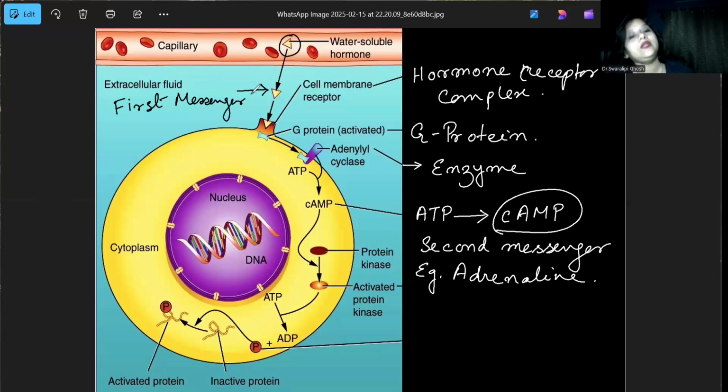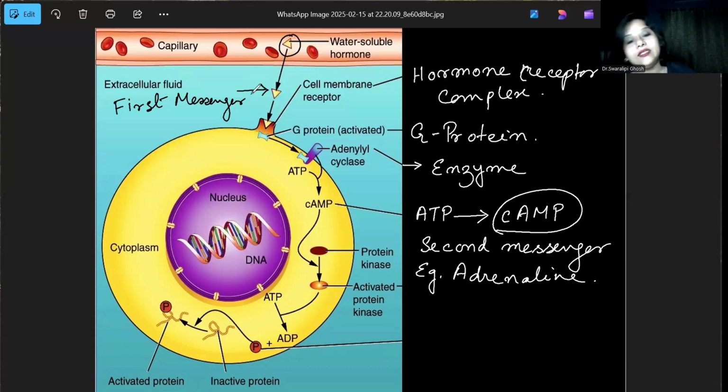The hormone itself is the first messenger, and it is not entering the cell. It is conveying its message to the second messenger, that is the cyclic AMP in this case.